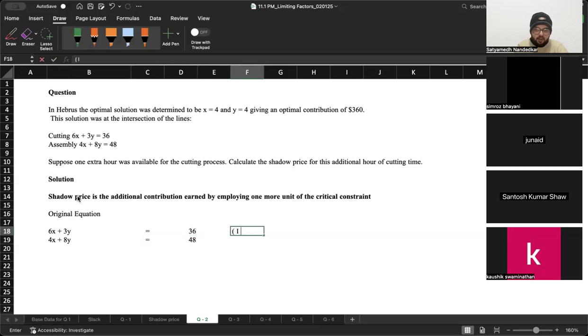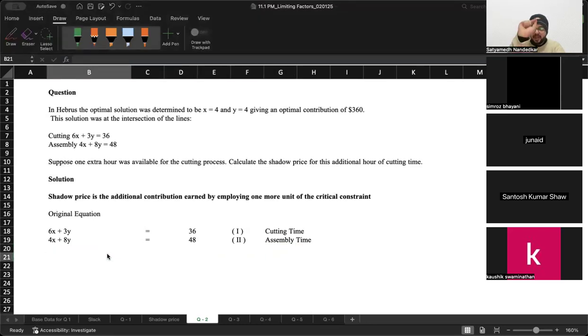This is equation 1. This is equation 2. This is cutting time. This is assembly time. Now, my optimal solution lies at the point of intersection of these two lines.